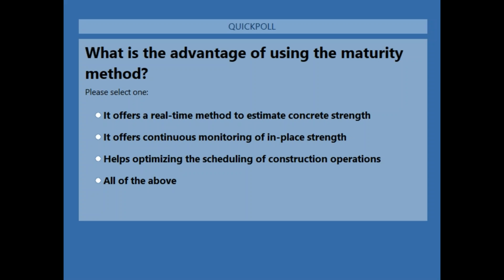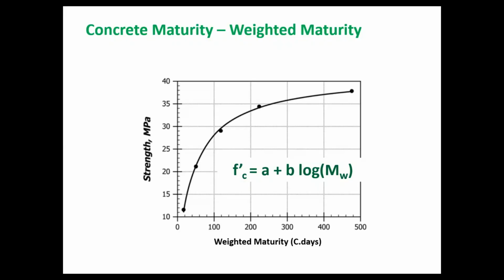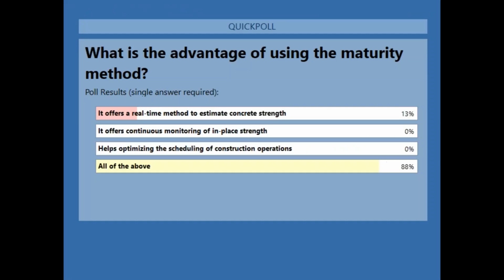So give everybody about 30 seconds to answer that poll question. All right, we're going to go ahead and close it and share it. Okay. Aali, are you seeing the results? No, I can't.